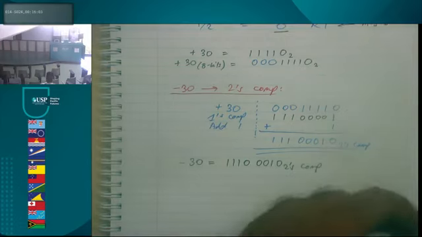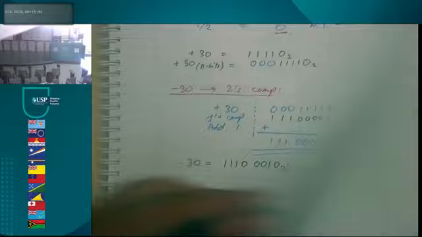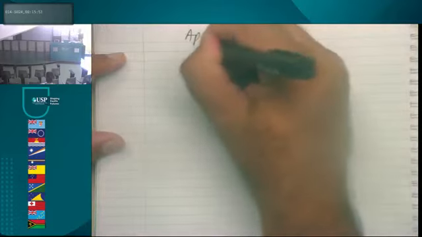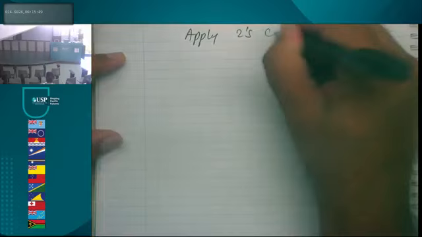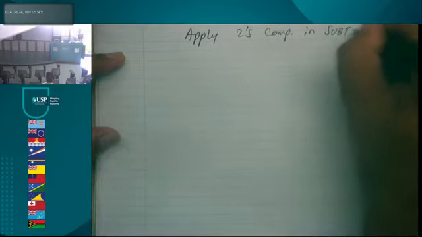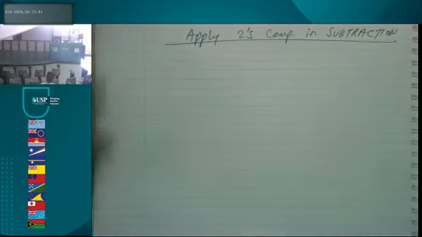All right. Let's now apply some of these 2's complement in terms of subtraction. All right, let's do an example.